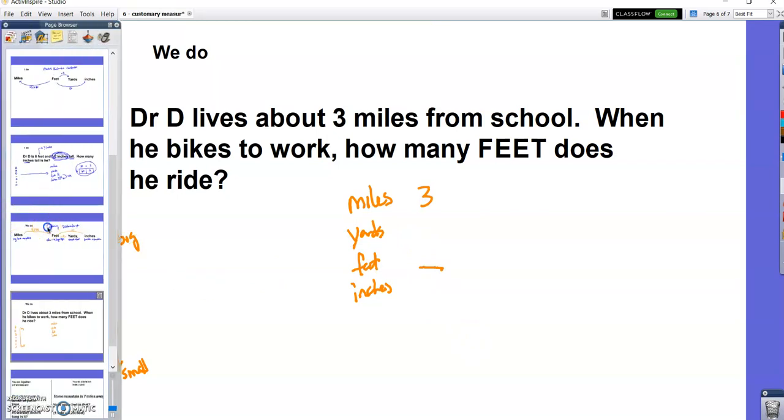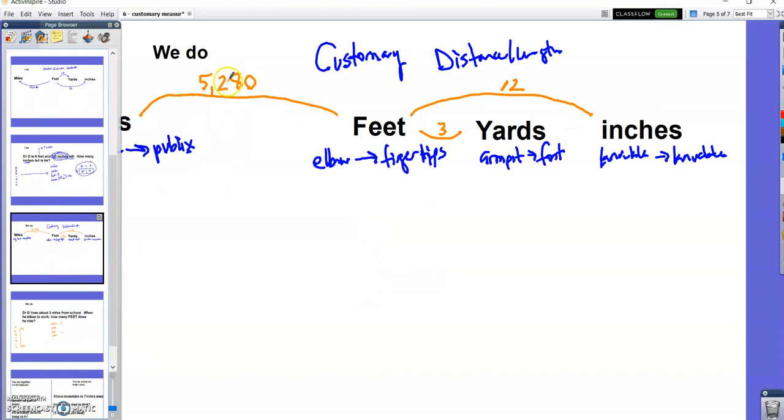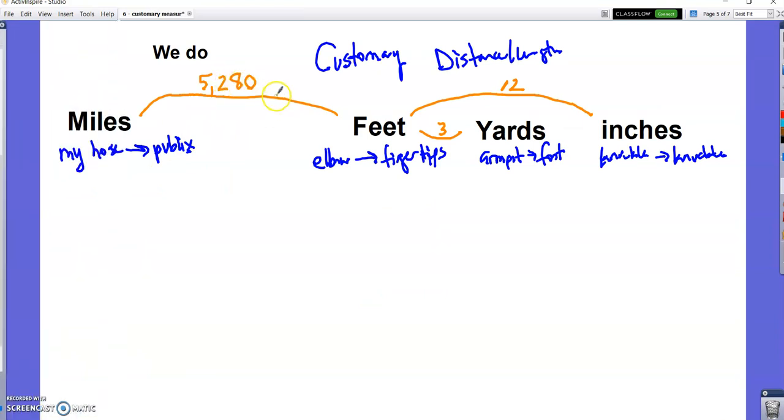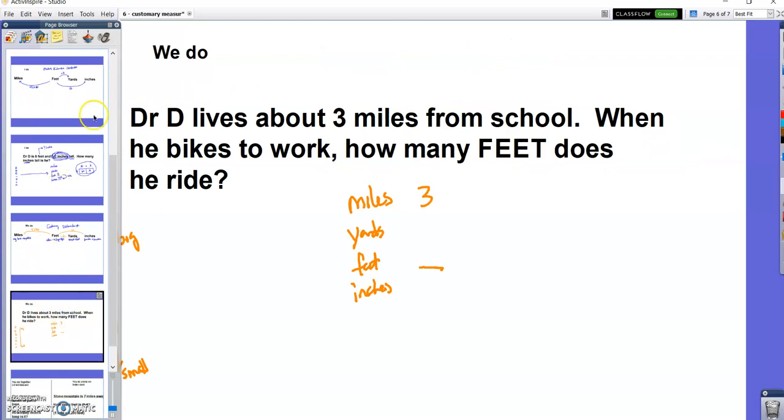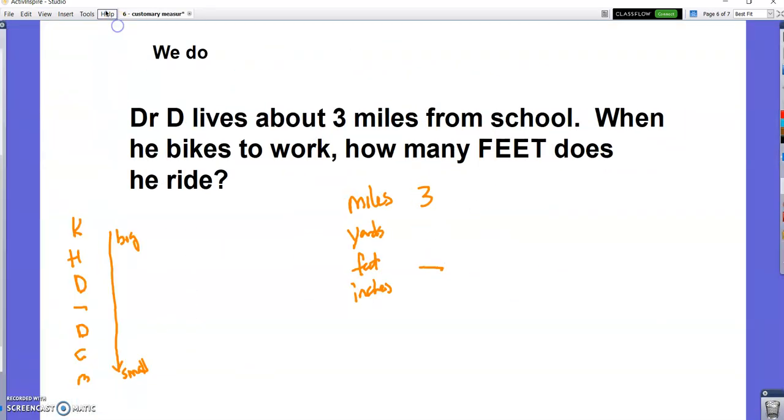Remember, if I go back to this page, there are 5,280 feet. I have no idea where that number came from, why we chose this number to make a mile, but we did. So I'm going to go from there to there. From miles to feet, each mile is 5,280.